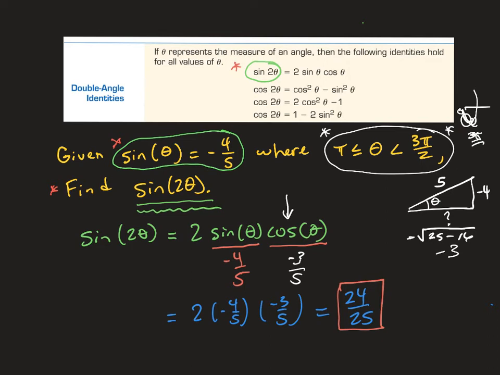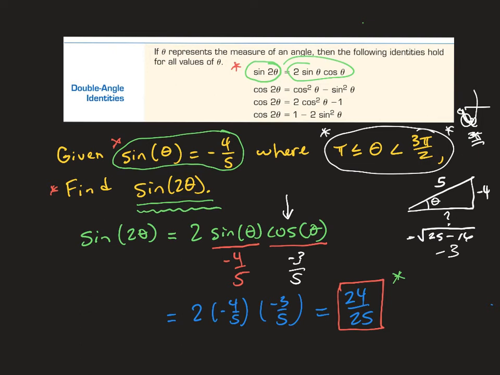Once you have that second value, you're good to go on filling in the numbers, multiplying them out based on this formula, right? We're using this identity right here, 2 times sine theta times cosine theta, to get the value. And that's our goal. When it says find sine of 2 theta, it wants the fraction form of that value, that sine ratio, if you will.